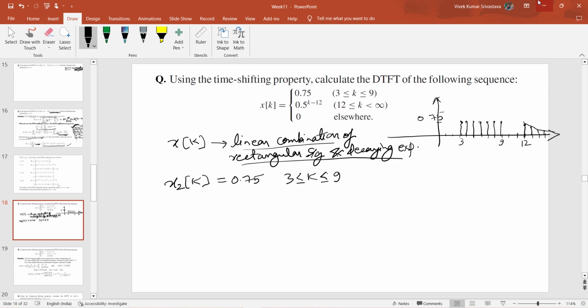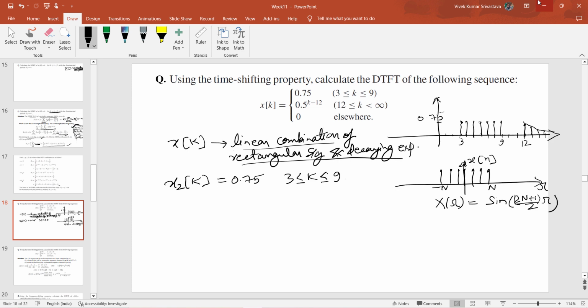Okay, so from the previous problem we have seen that if this is my rectangular signal, which is defined from minus n to n, then corresponding to this discrete time sequence we get the Fourier transform as sine of (2n plus 1) omega by 2 over sine of omega by 2.